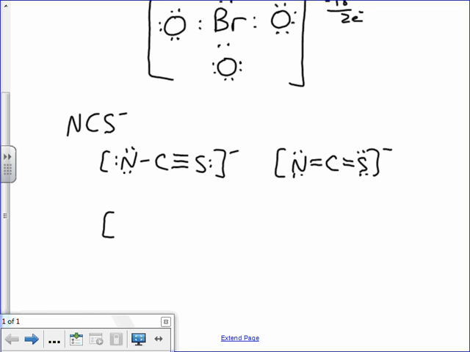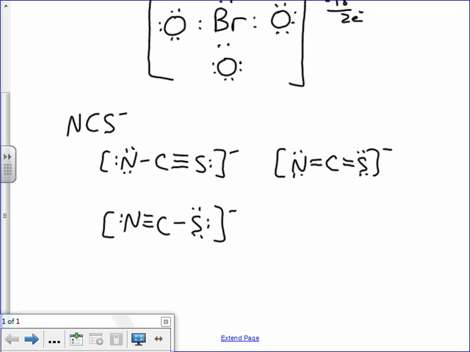Then I'm going to have to write the other possibility down here. A triple bond with the nitrogen, a single bond with the sulfur. Okay? Any of those are actually acceptable following the rules of drawing Lewis structures that we learned last year. Because all of those make everything happy. They use the right number of electrons.